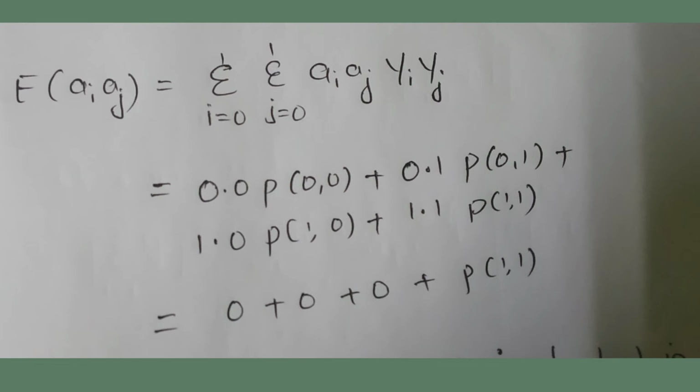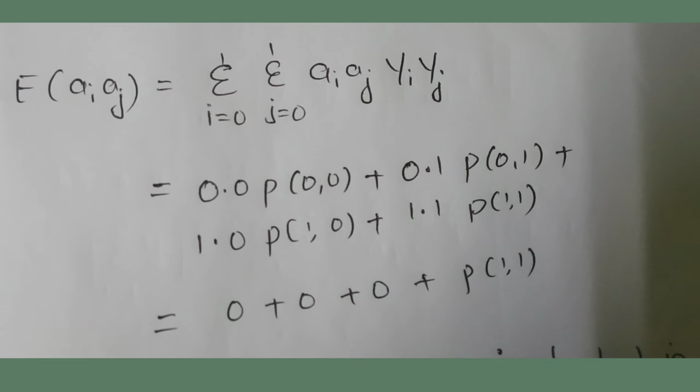Now we can find the bivariate random variable mean. Expectation of ai aj equals double summation i ranges 0 to 1, j ranges 0 to 1, ai aj p of ai, aj. When i equals 0 and j equals 0, we get 0 into 0, p of 0 comma 0. i equals 0, j equals 1, p of 0 comma 1, plus i equals 1, j equals 0, p of 1 comma 0, plus i equals 1, j equals 1, 1 into 1, p of 1 comma 1.